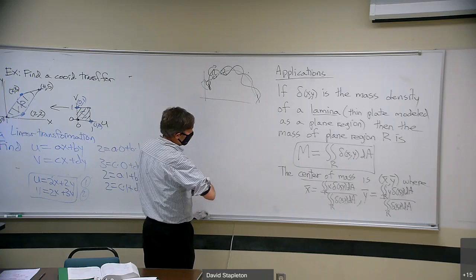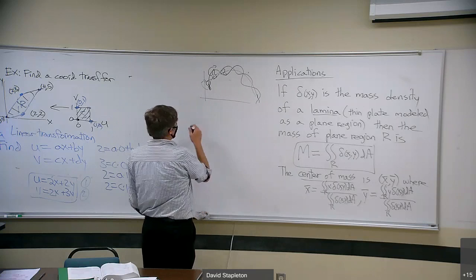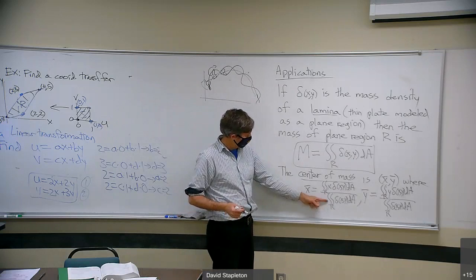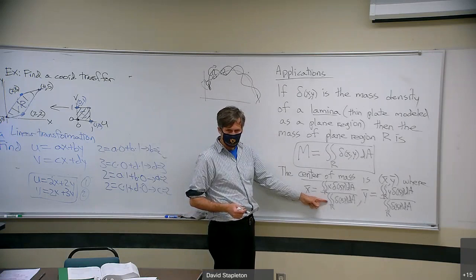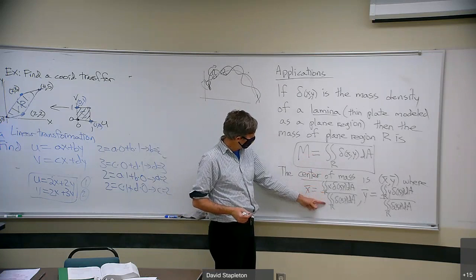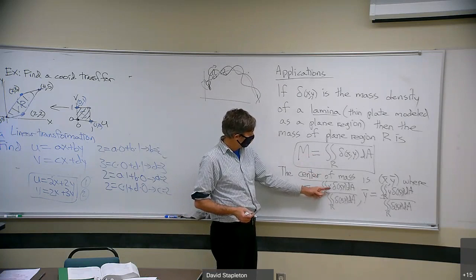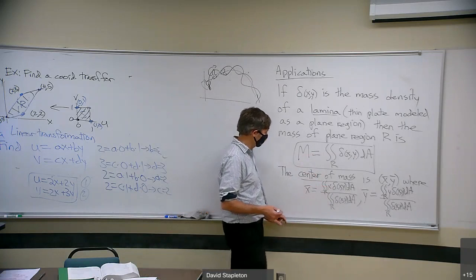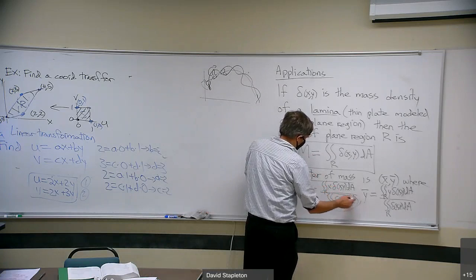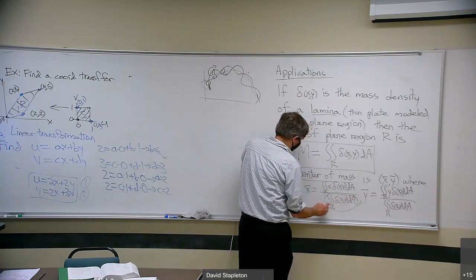Now, in the special case, oh, one more comment too. What is this thing on the bottom? Double integral with the density. We just call that the mass. When you calculate the average position of these particles, the bottom integral is just the mass.